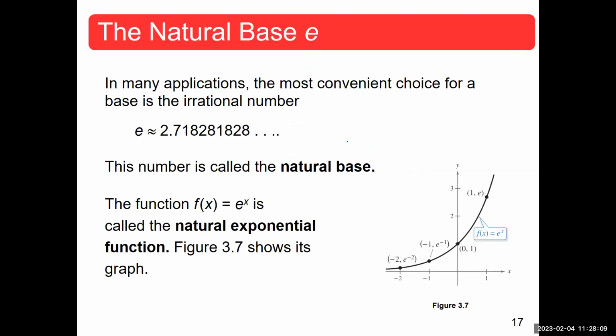For e to power x, it's a smaller number on the negative side, x less than 0, and the y-intercept is always 1. If you do e to power negative x, it's going to flip. Also, the x-axis is the asymptote, the same thing. I'm not going to say that again because they are the same properties.